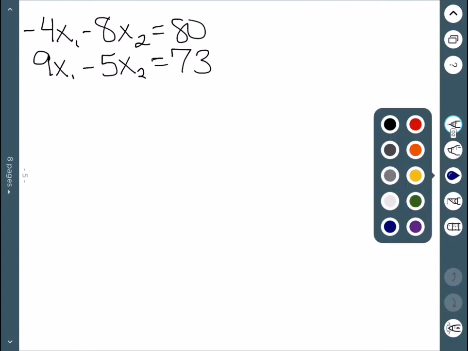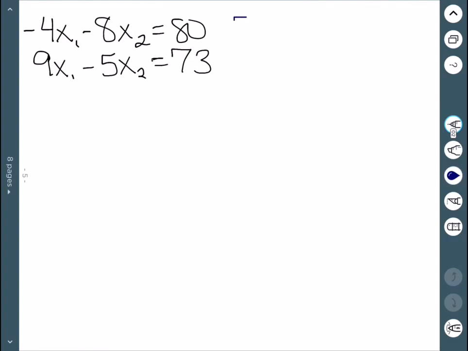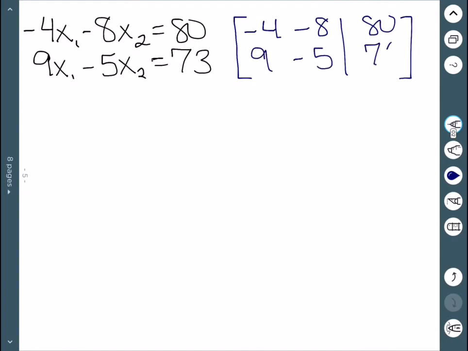So we're going to start by putting this in augmented matrix form. This is -4, -8, 80, 9, -5, 73. So the first step is to get a 1 in this first non-zero column, which in this case is just the first column.